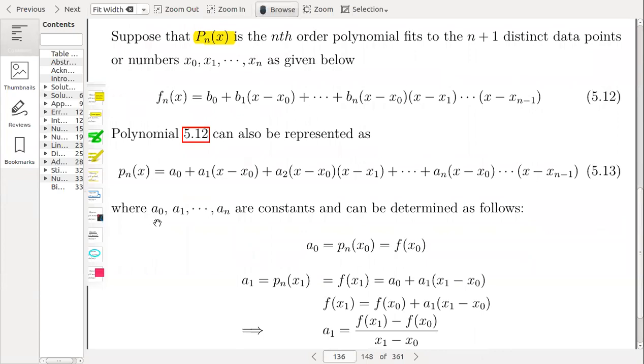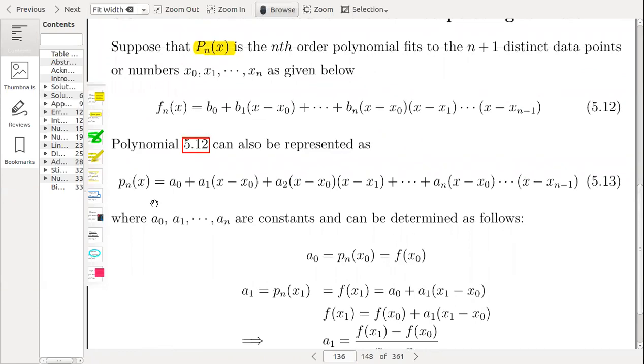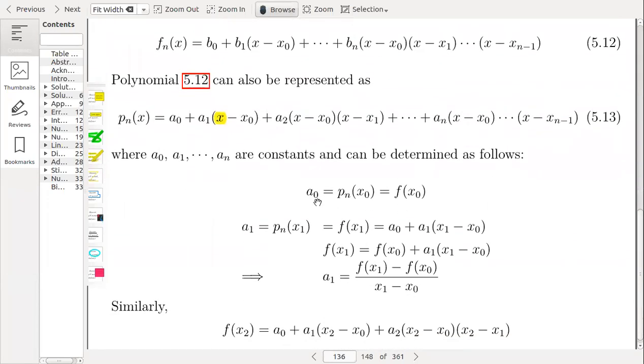So here a0, a1, and so on up to an are constants and can be determined as follows. If we want to determine the value of a0, at Pn of x0, we just have to replace x with x0. Then the other terms will be 0, so we are left with Pn of x0 equal to a0.